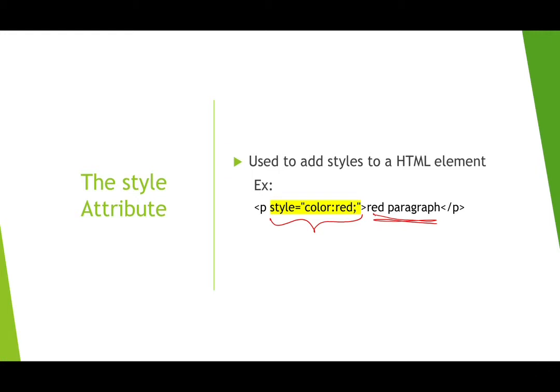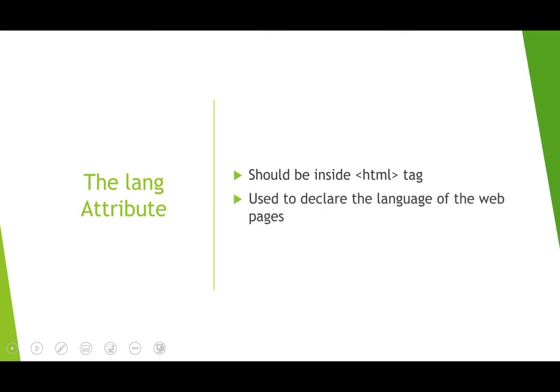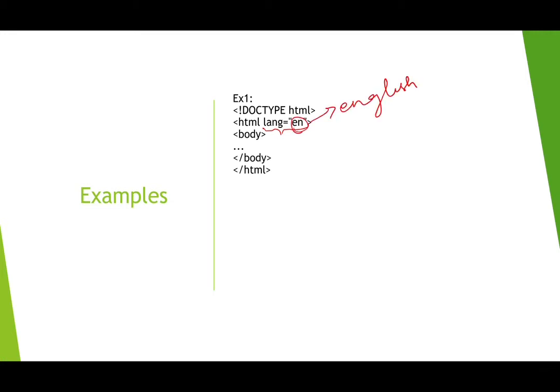Next we are going to see the lang attribute. You should always include the lang attribute inside the HTML tag to declare the language of the web page. This is meant to assist search engines and browsers. The following example specifies English as the language. Here we have mentioned lang equals en, which specifies English as the language for this HTML document.